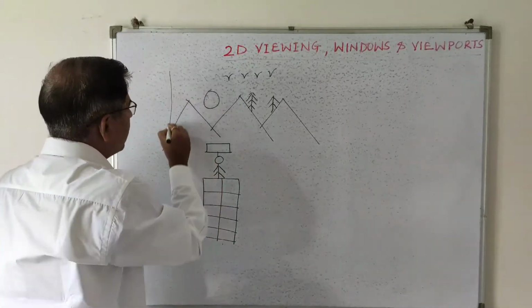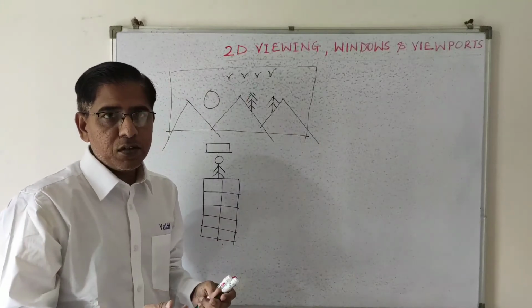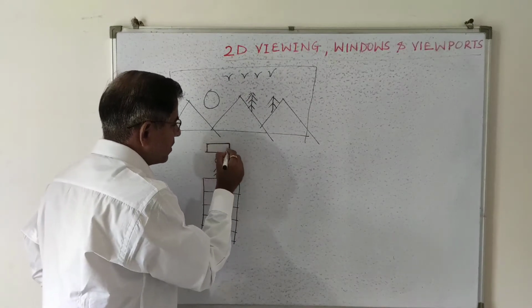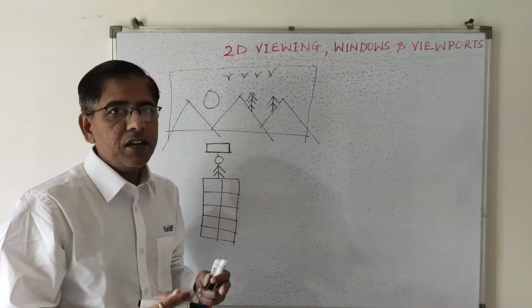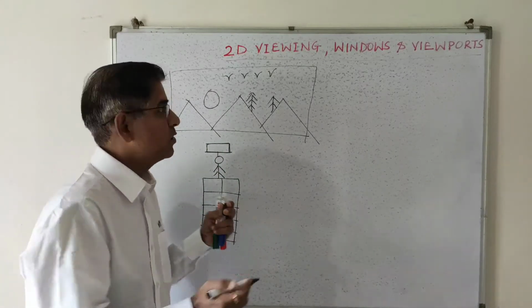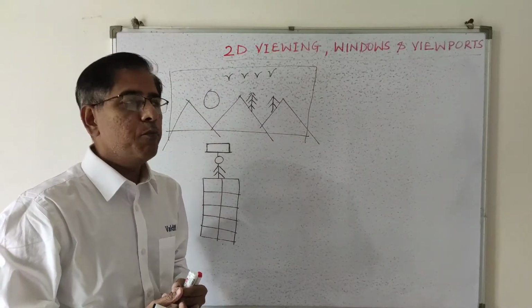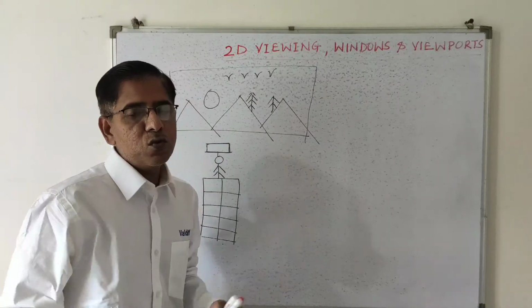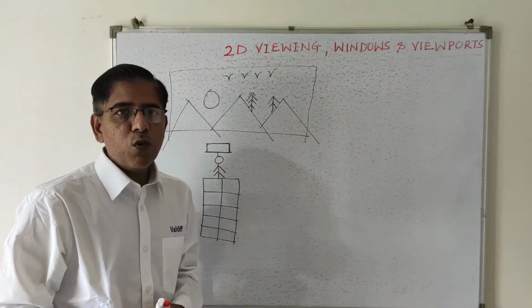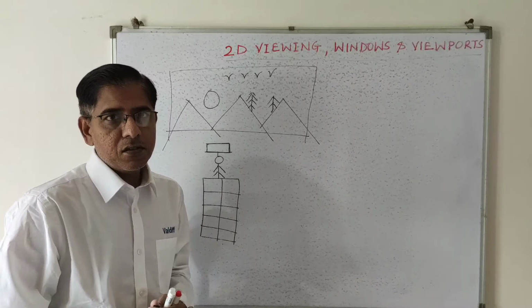The first rectangle includes the scene which you want to capture in the camera, and the second rectangle is the rectangle of a screen in which you want to view it in the camera. So there are two rectangles. The first is a big rectangle which may span from certain meters to certain kilometers, and the other rectangle in which you want to view that scene spans a few inches.